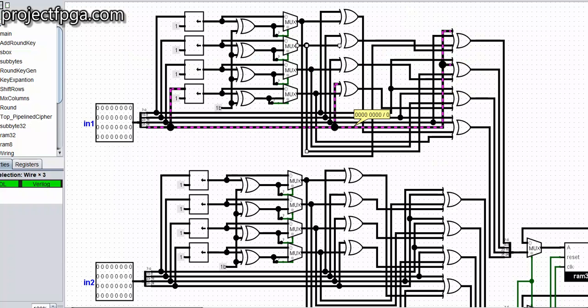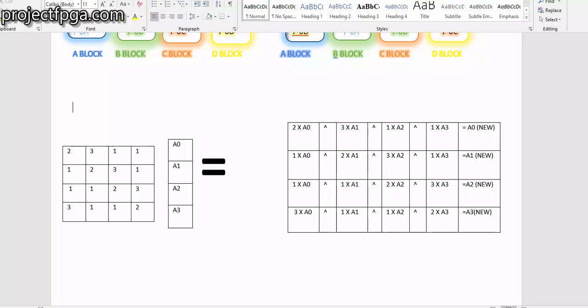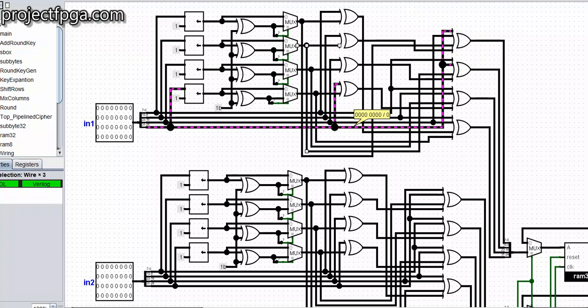Then I'll just do the third column only, then I will go to the logic sim to develop code. So for the third one, it starts with A0 multiplied by 1, which is A0 left untouched. So A0 left untouched, which is here.